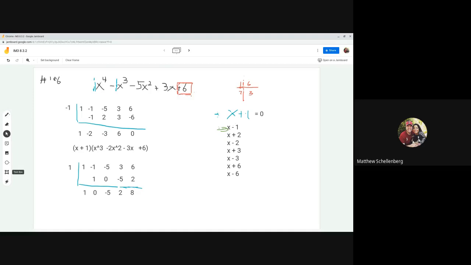So the good news is once you have one factor, we don't have to do the whole thing. And actually, I didn't have to do that whole thing on that last one either. All we got to do is just do this part. And so I'm going to do synthetic division on that.